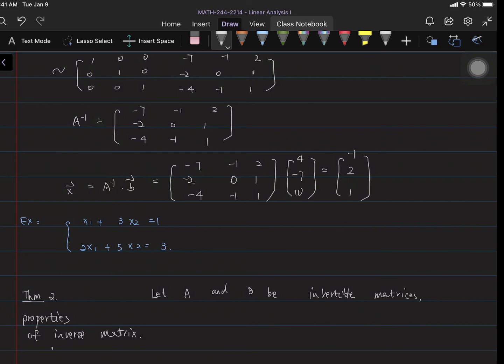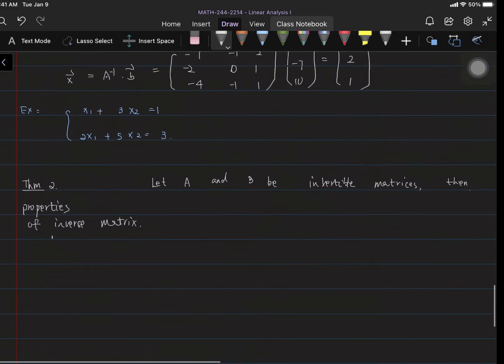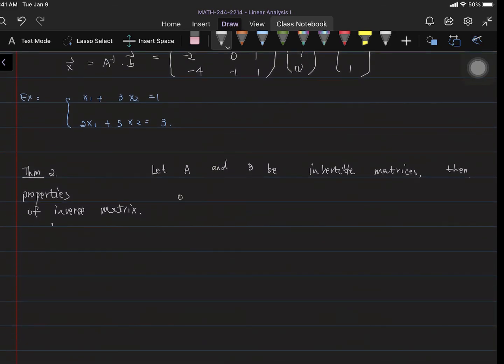Then first, A inverse is also invertible. The inverse of the inverse equals itself. So inverse twice becomes itself. Second, A times B is also invertible. And the inverse of A times B equals B inverse times A inverse.